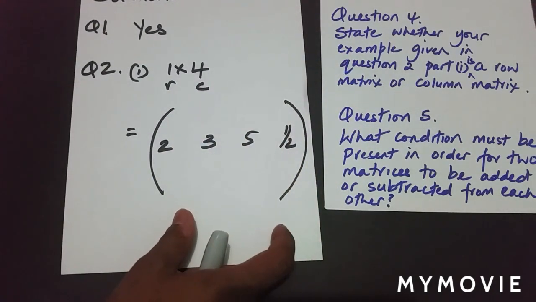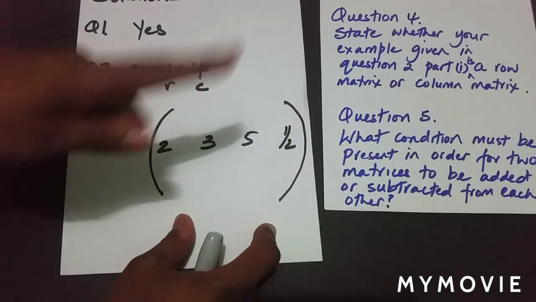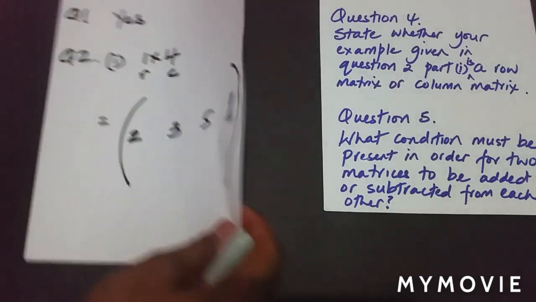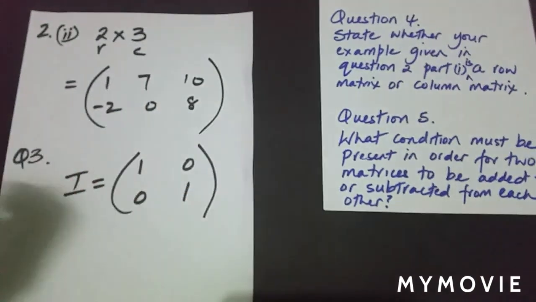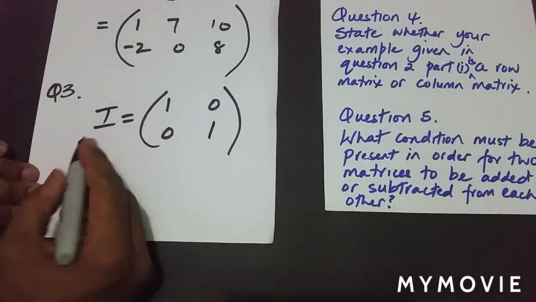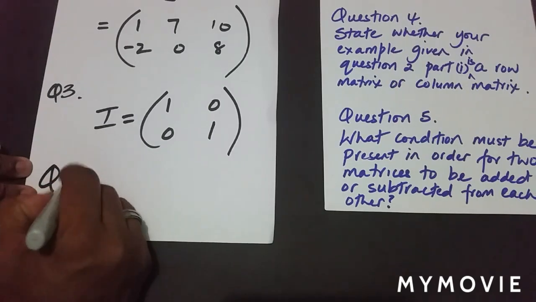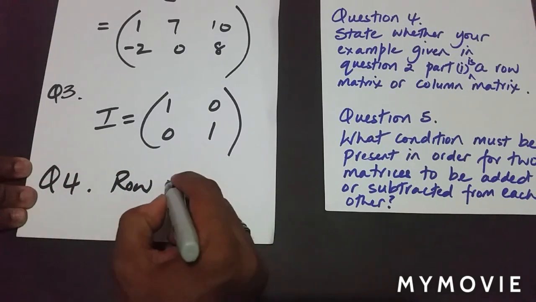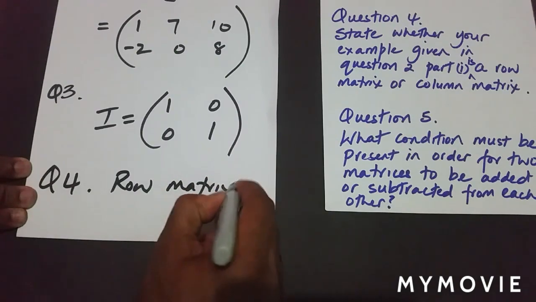That is what question 4 is saying. And obviously, since it has 1 row, it must be a row matrix. So the answer to question 4 would be a row matrix. So just going to indicate that here.